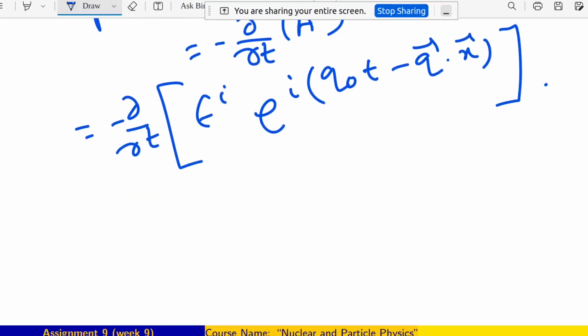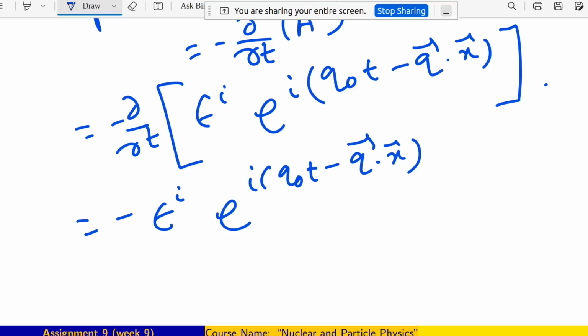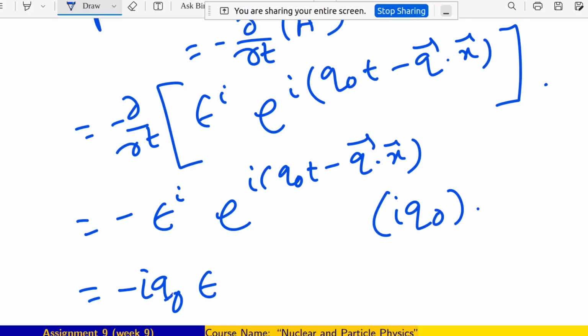If I do simple mathematics, the derivative with respect to t gives, since it is of the form e to the power x, i q0 comes out. So minus i q0 epsilon_i e to the power i (q0 t minus q vector dot x vector). This is the thing.